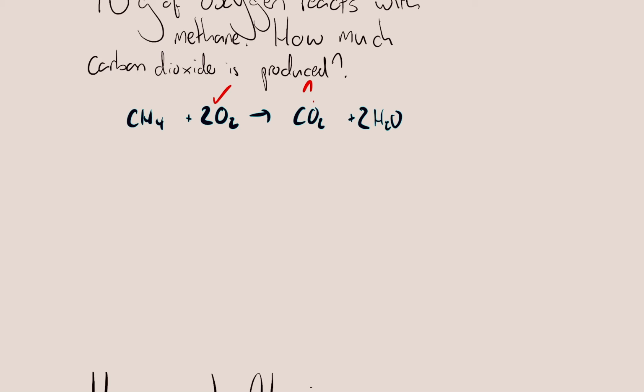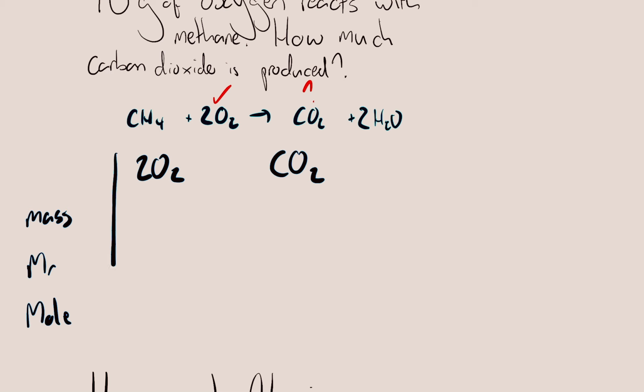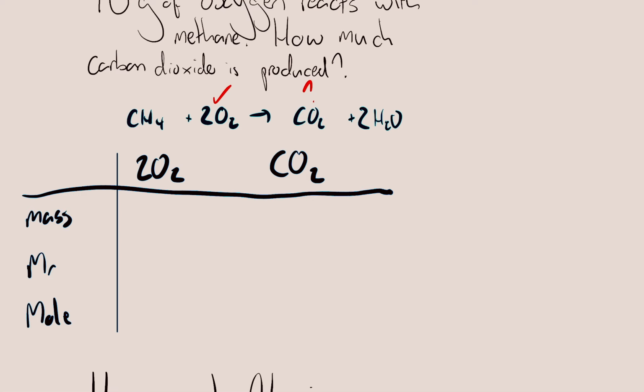So we've got 2O2 and we've got CO2. These are the things that are important. And here I've got mass, Mr. Mole. Okay, and I might just do this. Perfect.